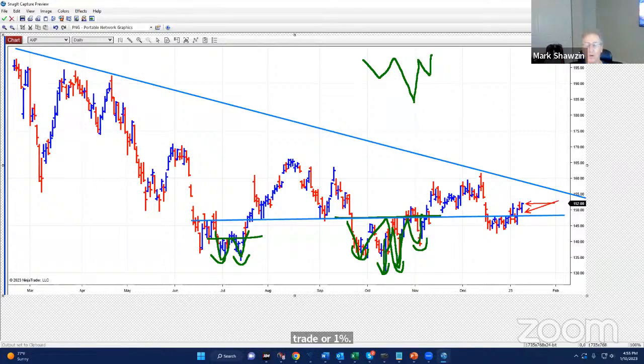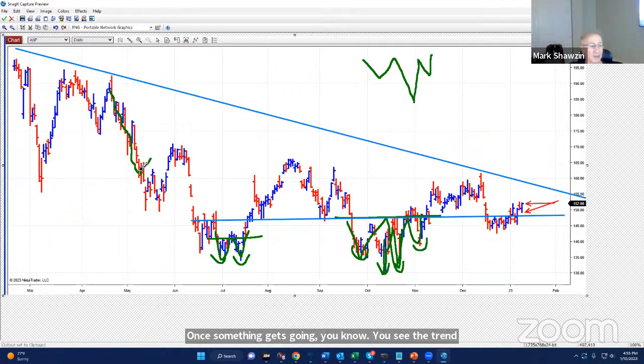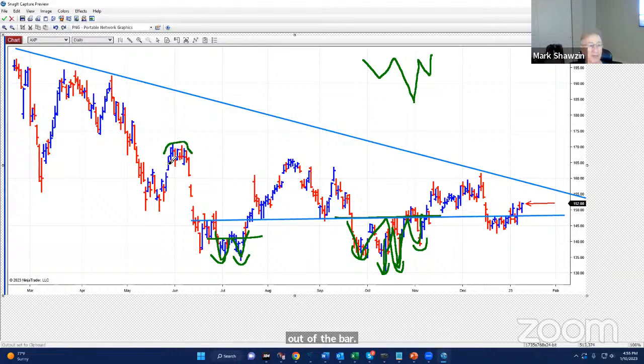Once something gets going, you see the trend, and now it's somewhat mature. It's down here. You want to get short down here, but then you're exposed. What I like to do is get something when the horse is about to come out of the barn. I actually shorted the Qs right here and made 7 figures on this move in the Qs based on seeing this rounding top.